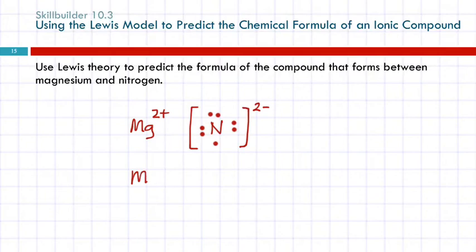So you got to bring in another magnesium with its 2 valence electrons. So this nitrogen begs an electron from this magnesium. That makes the charge 3-. Nitrogen's happy. This magnesium now has a +1 charge.